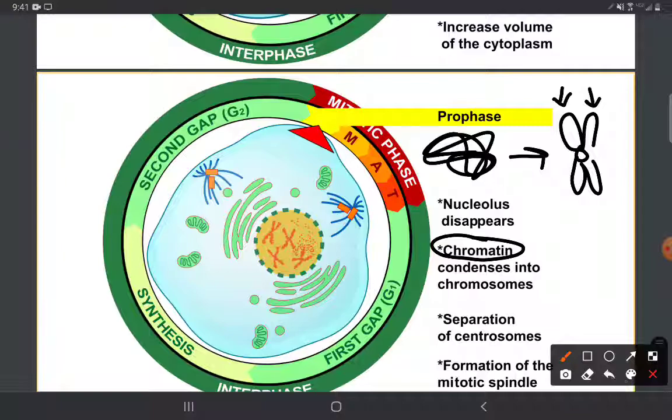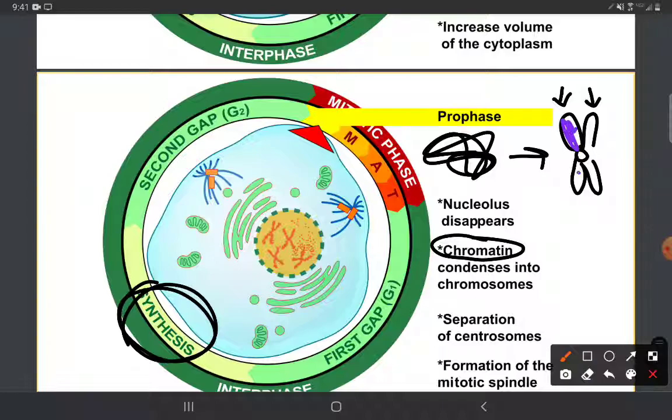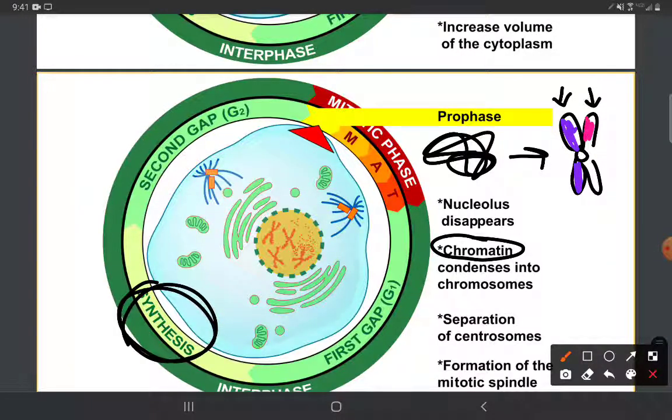Back in S phase, one set of DNA became two. These two sets are identical, and we call each a chromatid.